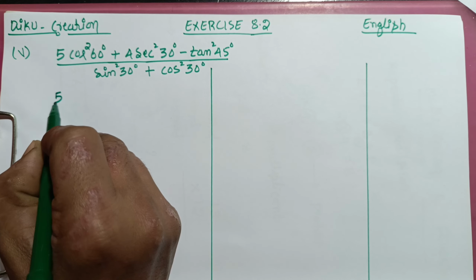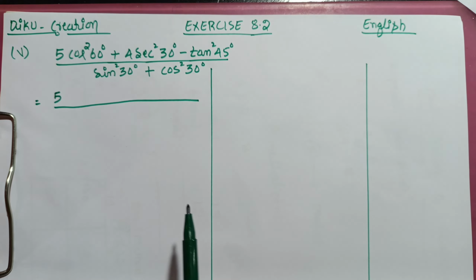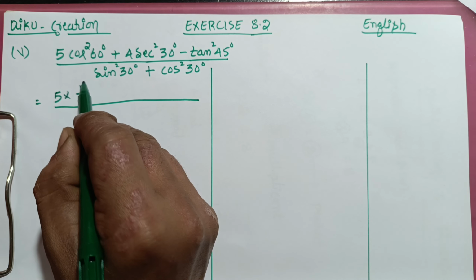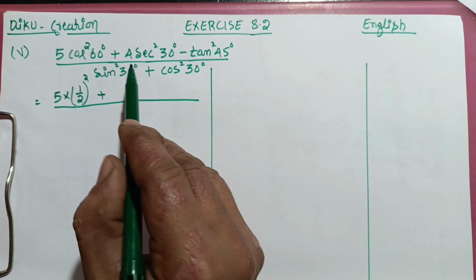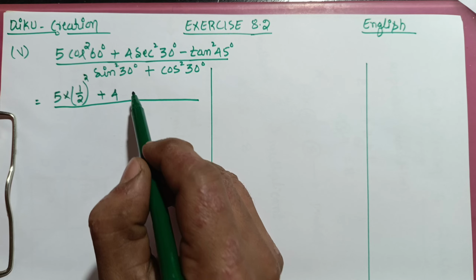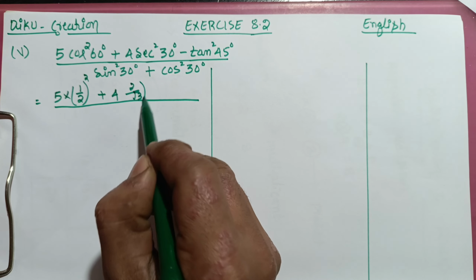See, 5 I will write as it is. Cos square 60 degree. Cos 60 degree value is 1 by 2. Here it is a square, hence it is cos square. Plus 4 I will write as it is. Secant 30 degree is 2 by root 3. Make it square.